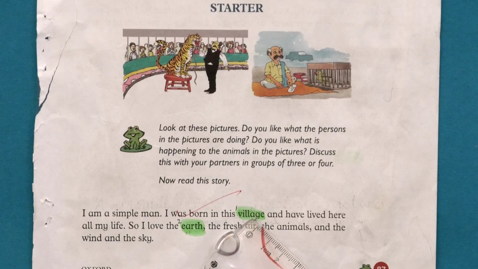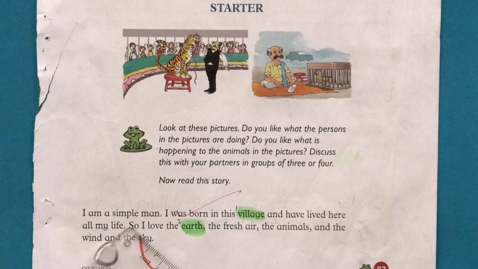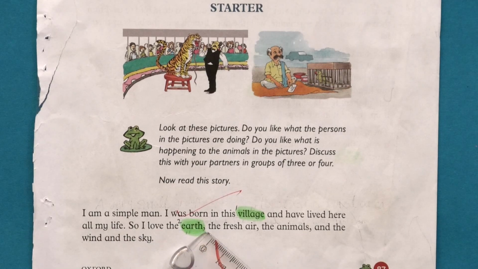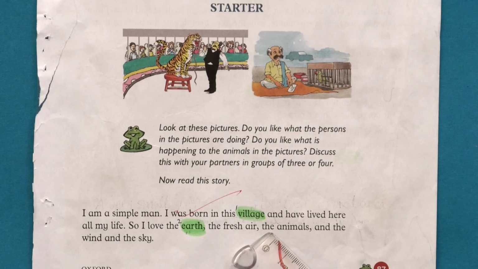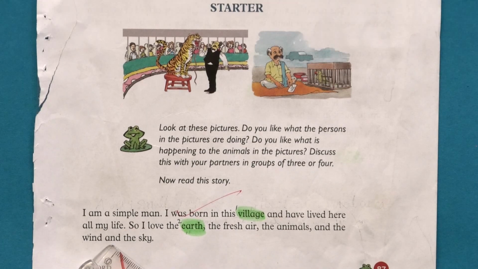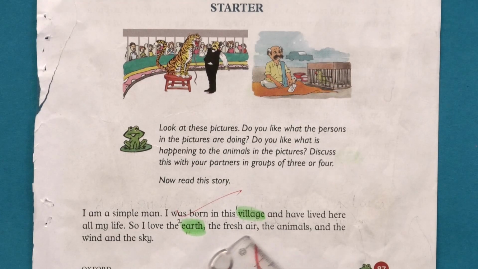Village means rural area. So I love the earth. Earth, the planet we live in, it is also a noun. The fresh air, the animals and the wind and the sky. Now from these lines we learn that the writer loves nature. He likes to live close to nature.